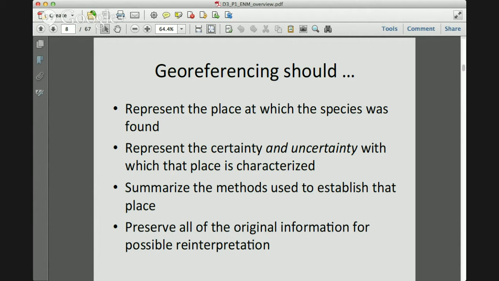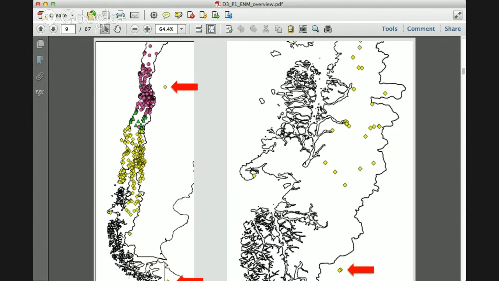But it also has to represent the uncertainty with which that place is characterized. And then, kind of in a bookkeeping sense, it should summarize the methods that were used to establish those coordinates, establish that place, and it should probably preserve all of the original information in case you need to reinterpret the georeference at some point in the future.